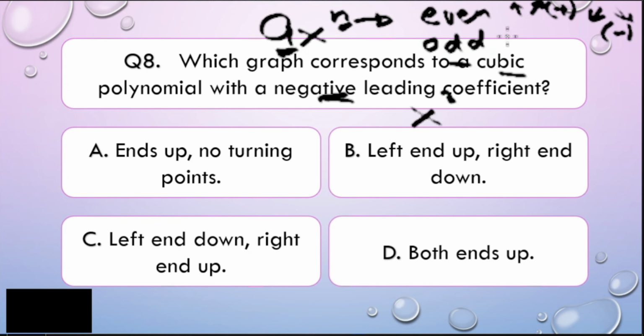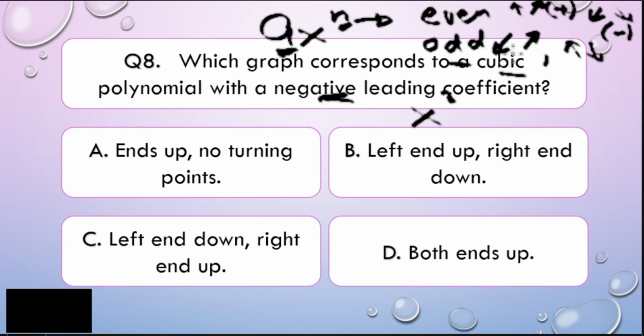Now, if it is odd, there are also two scenarios. It could start from below and the other end goes up, or it could start upward and the other end goes down. When will it happen? This one, as you can see, is from low to high. That is increasing. This one is from high to low.